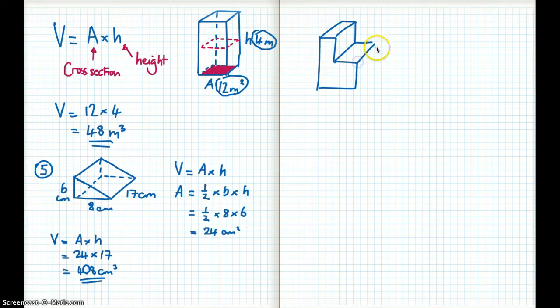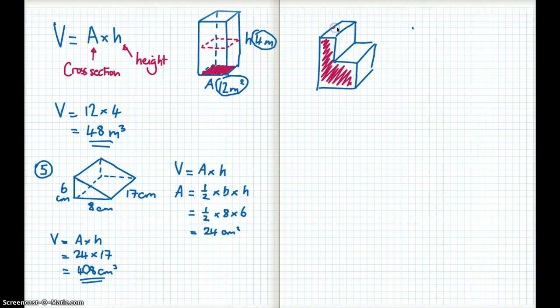And this is the prism with a little bit of a sketch. Which bit is the area? How can we work out what part is repeated? So if you have a look, this side here is this shape that is repeated.